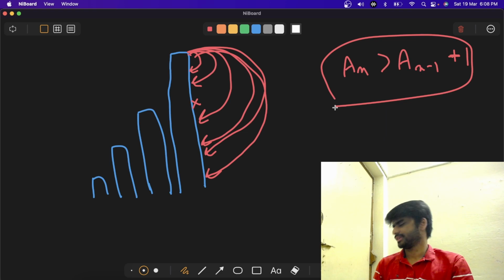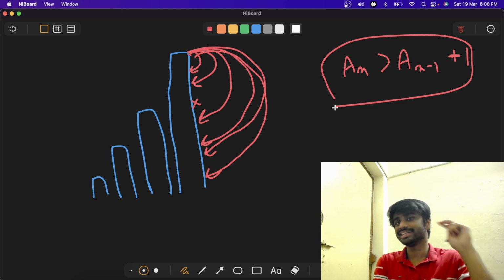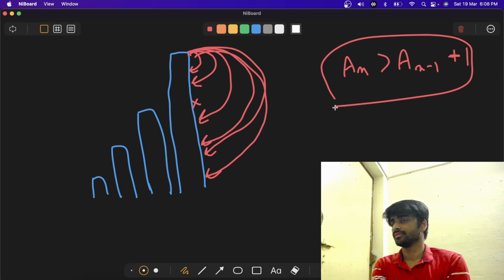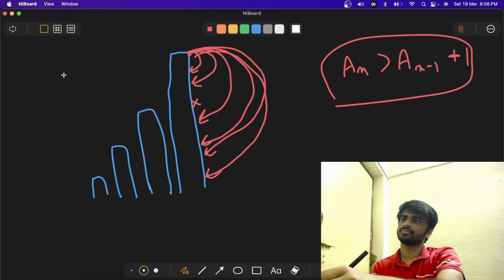No, wait a second. Basically, what I'm trying to say is if Alice has at least two moves in the first move, then Alice will definitely win. I think this is the condition.